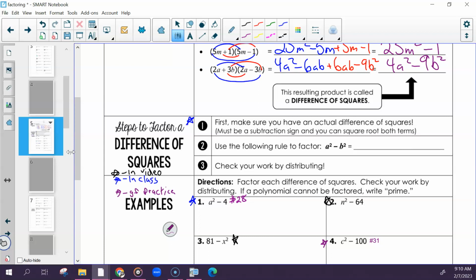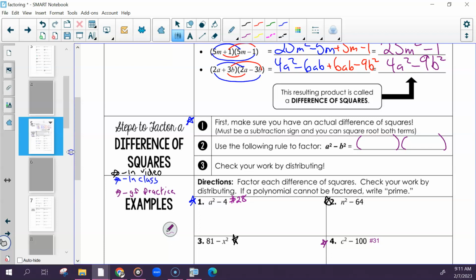And then you're going to use this rule. If you see that this is a perfect square and this is a perfect square, and there's a subtraction in between them, then you're going to have 2 sets of factors. You have to think about what times what would give you the first term. So what times what would give you a squared? A times a.